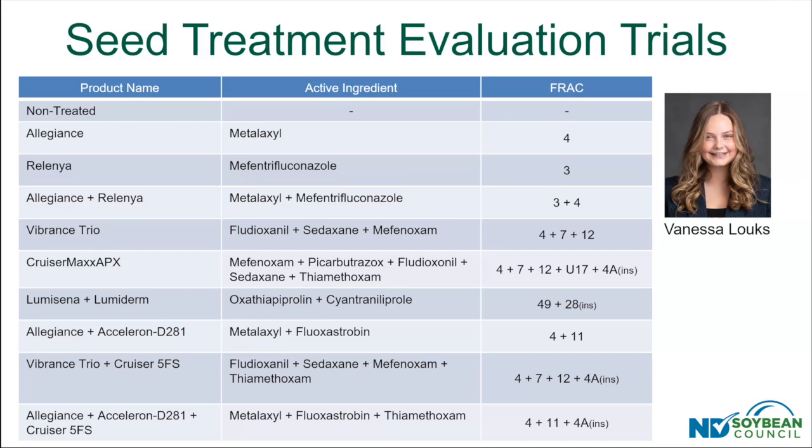Okay, the oxathiapiprolin is also another good water mold product with an insecticide. Allegiance and Acceleron, again, kind of full spectrum looking at fungi and the water molds. And then the last two are combinations of Vibrance Trio with Cruiser 5FS or thiamethoxam insecticide, and then same thing with the Allegiance and Acceleron combined with Cruiser 5FS.